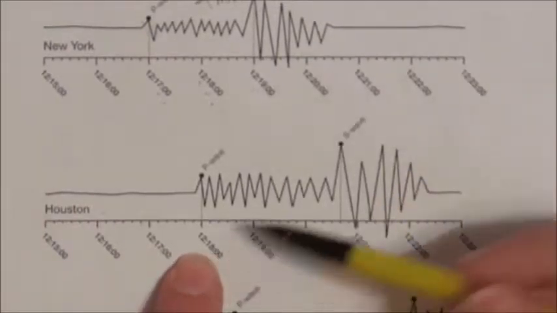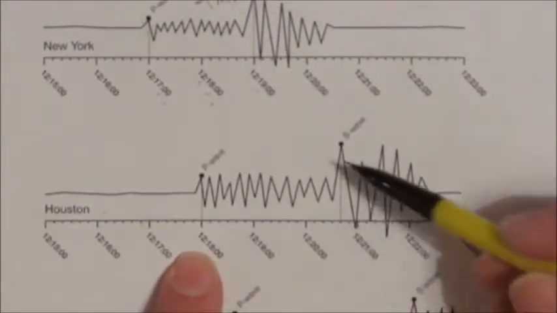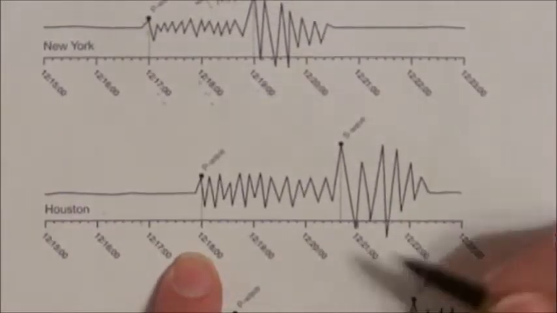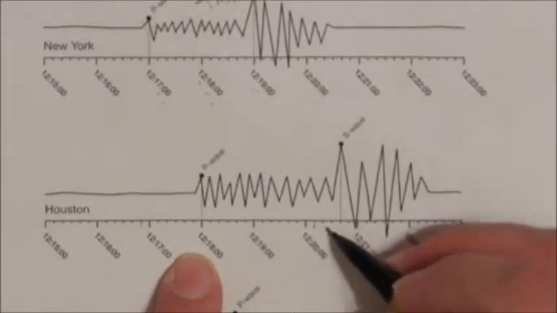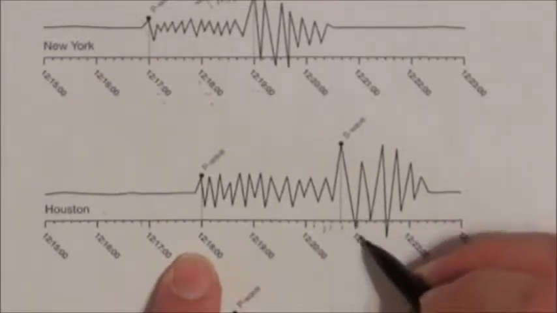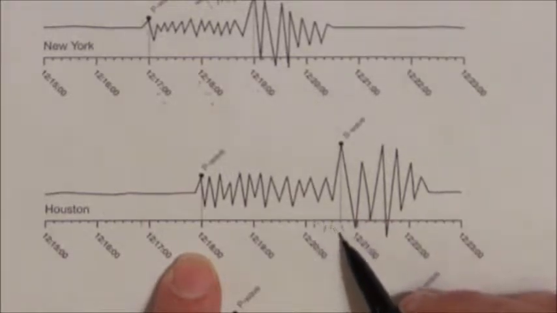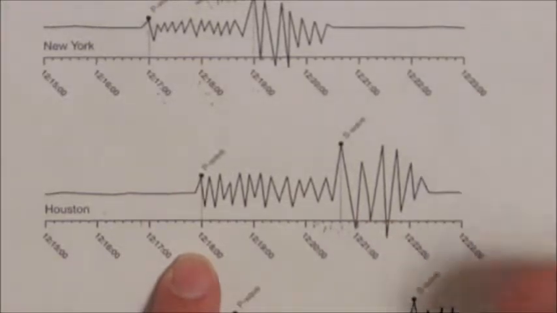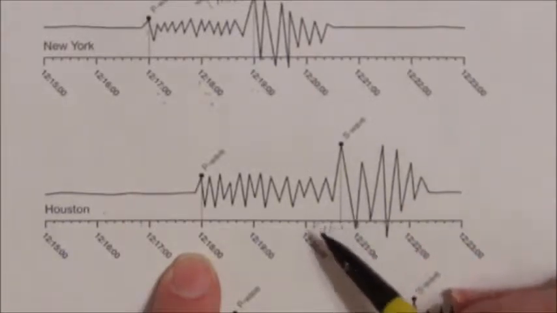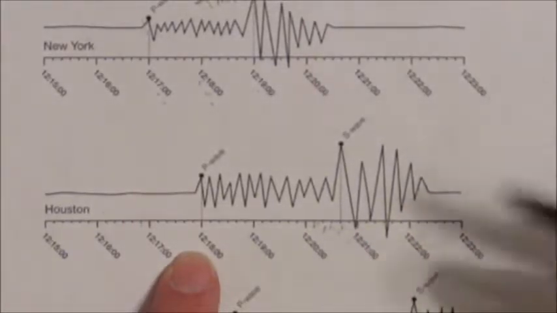And it arrives at 12:18, and the S wave arrives at 12:20, and 1, 2, 3, 4 of these hash marks in between 12:20 and 21. Now there's 1, 2, 3, 4, 5, 6 marks between each. So each of these marks is 10 seconds.